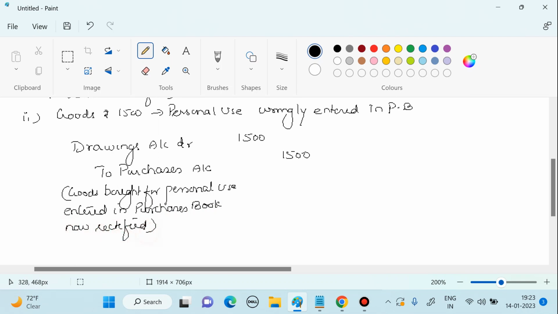So the narration is: goods bought for personal use entered in purchases book, now rectified.